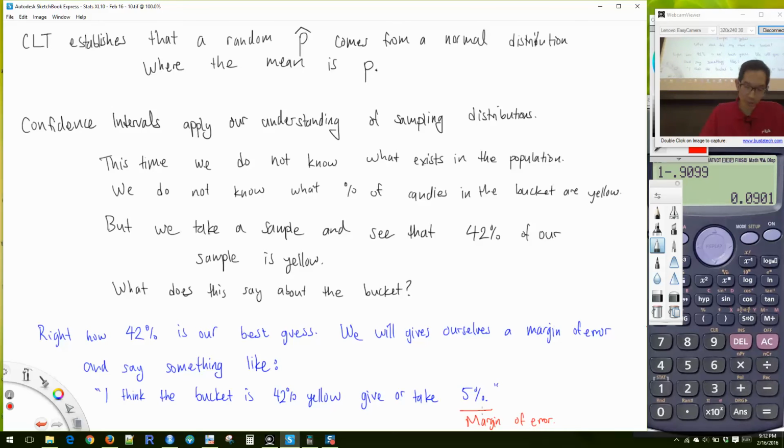So we say my best guess is what I saw in the sample, 42%, but I have to give myself some room for error. So I'll say plus or minus, give or take 5%, give or take 8%, whatever it might be. We'll go through the process of defining that margin of error. Is this concept okay?